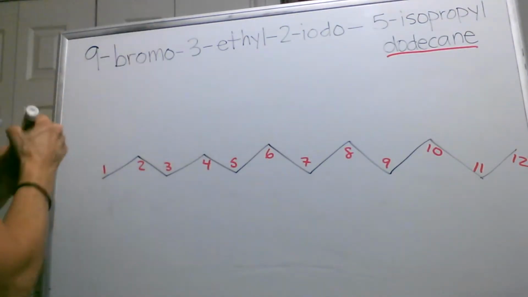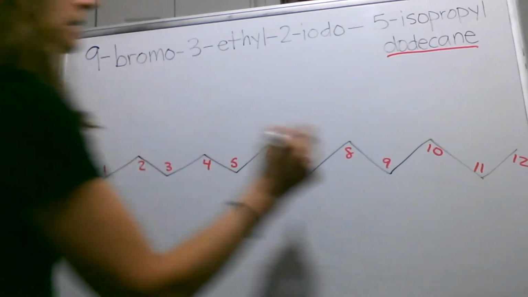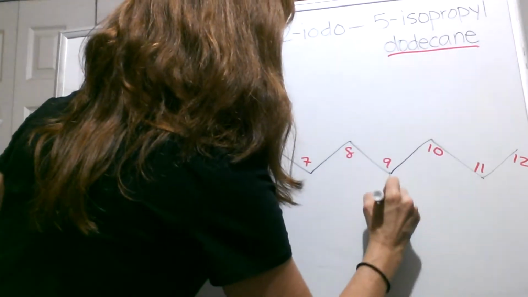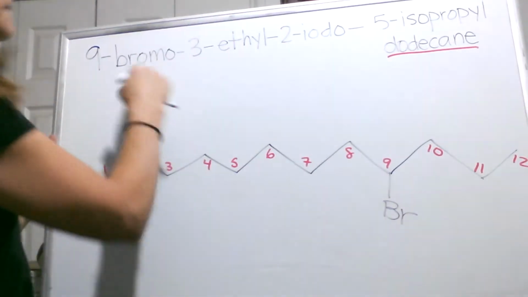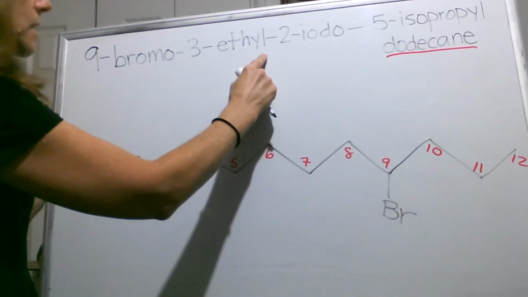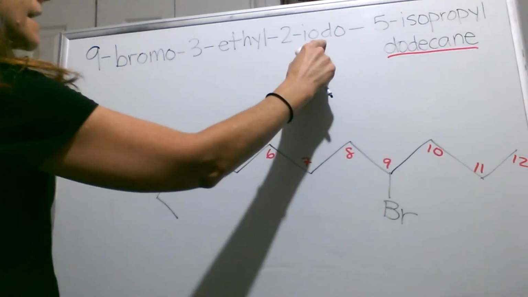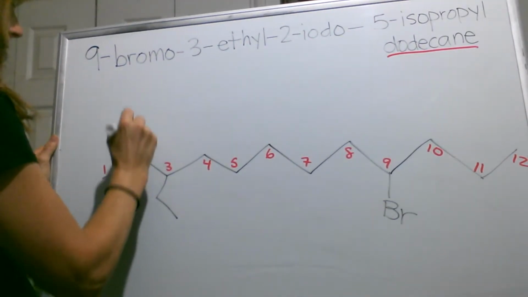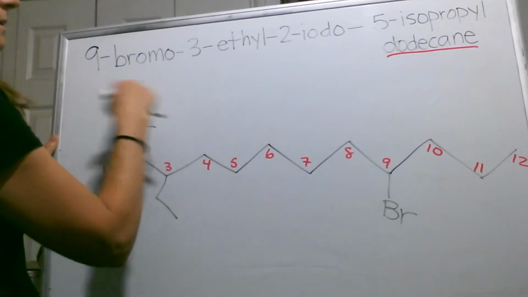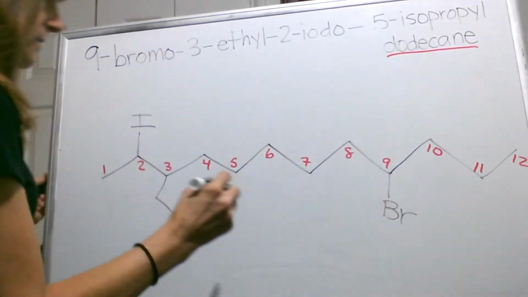Alright, so let's start at the beginning. There's a bromine on carbon 9. There's an ethyl group, remember that's a 2-carbon chunk, on carbon 3. There's an iodine group on carbon 2. And then on carbon 5, there's an isopropyl.